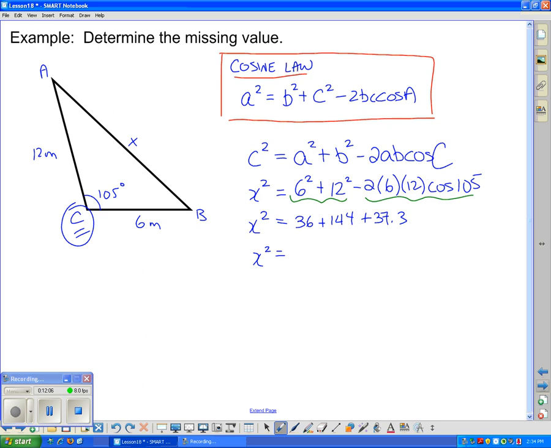So x squared equals 36 plus 144 plus the 37.3. So I get 217.3. Please remember, with cosine law, when you're looking for a side, you do need to take a square root. So we get x equals 14.7 meters. And there's your final answer.